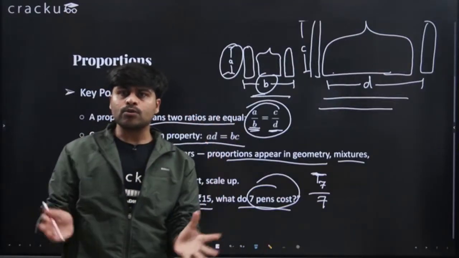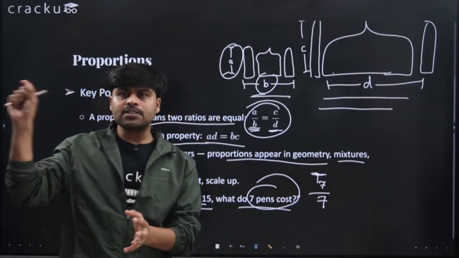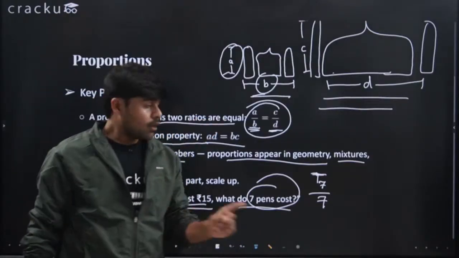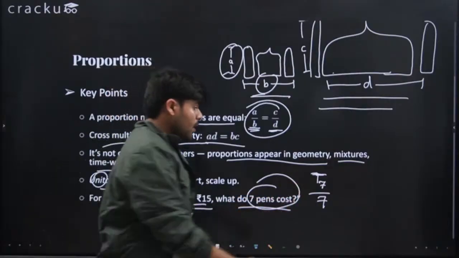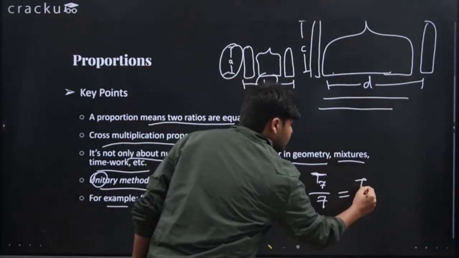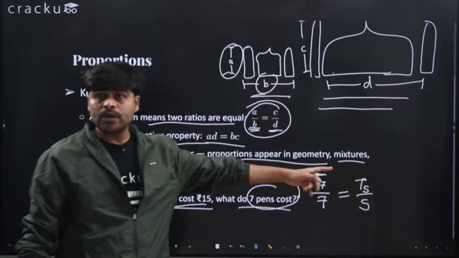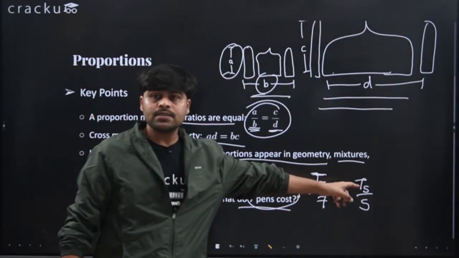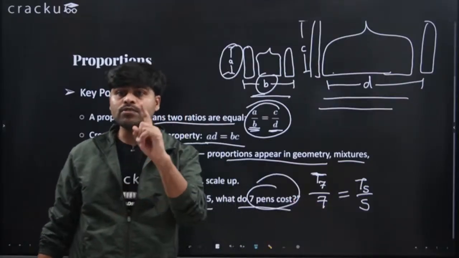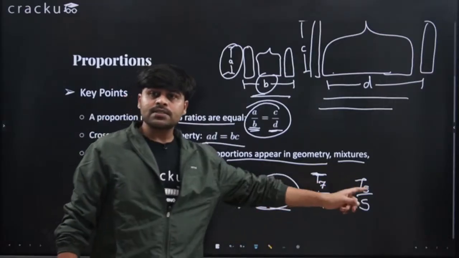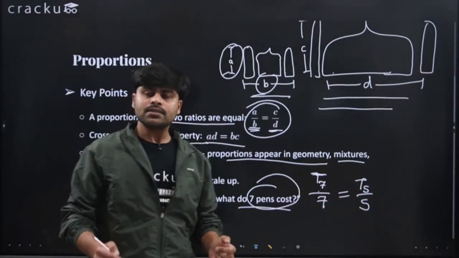Because if you calculate the total cost of 7 pens and it is distributed over 7 pens, then the division will give us the price of 1 pen. This is equal to the total cost of 5 pens upon 5 pens. These two are equal because the total cost of 5 pens divided by 5 pens will also give you the price of 1 pen. So these two are the same quantities. If these two are the same quantities, we can just put in the values and get our answer.